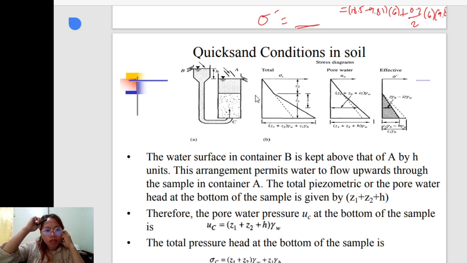So the total stress of this representation of this figure is that you have the height, that is Z1 plus Z2 times the unit weight of the water plus Z1 times the unit weight of this soil. This is the total stress.